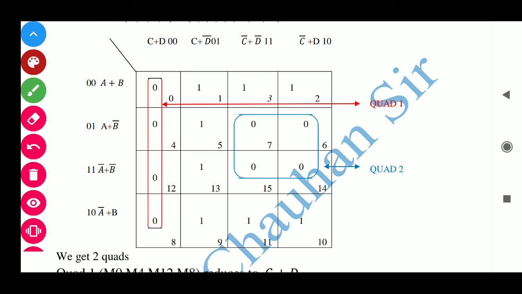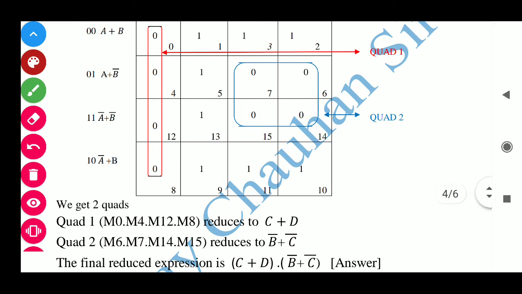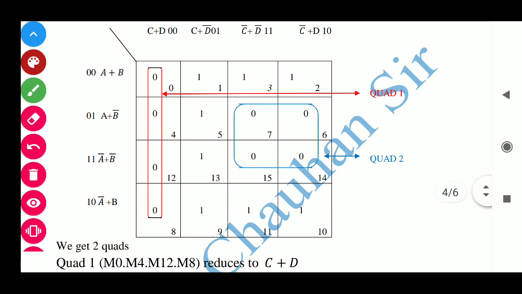Write their values. Quad 1: M0, capital M, then M4, M12 and M8, reduced to C plus D. You can see here, because in this quad 1 we are covering 4 rows but 1 column. So in 4 rows all the variables will change their state, but in the columns no. So we will write there C plus D only.